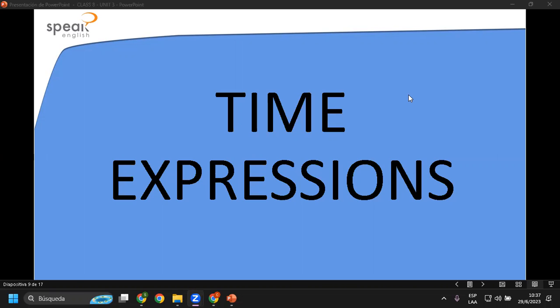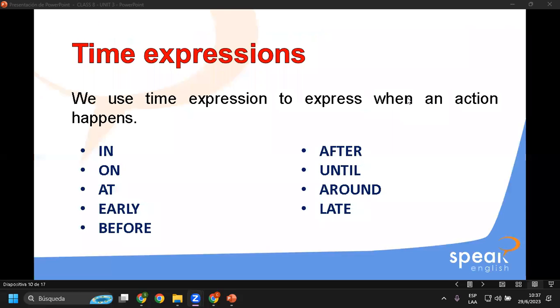For example, if you are talking in present, you can use some time expressions. If you are talking in simple past, you can use another one. If you are talking in future, the time expressions are different. If you are talking in present perfect, you use different time expressions. So that is what we are going to learn today.